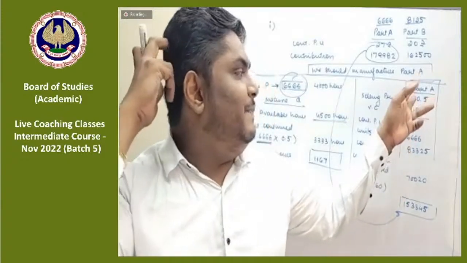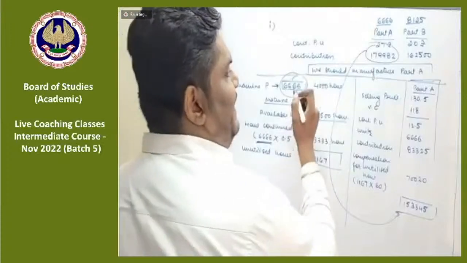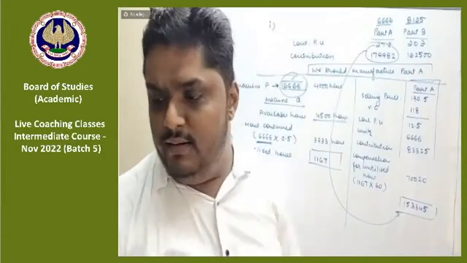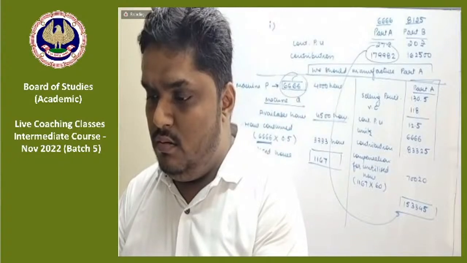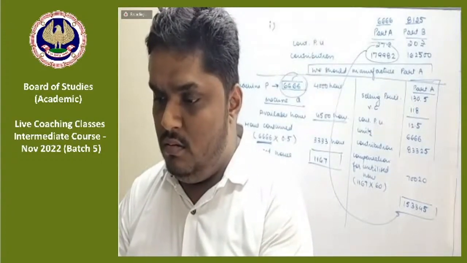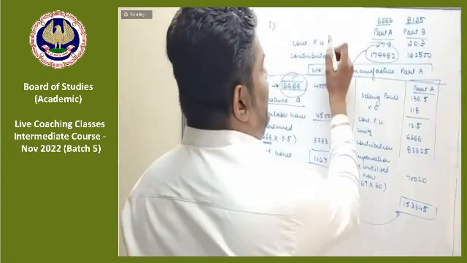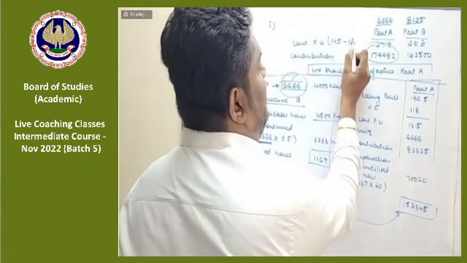Contribution is selling price minus variable cost. So in that case, my selling price was 145, I think. So 145 minus 118.